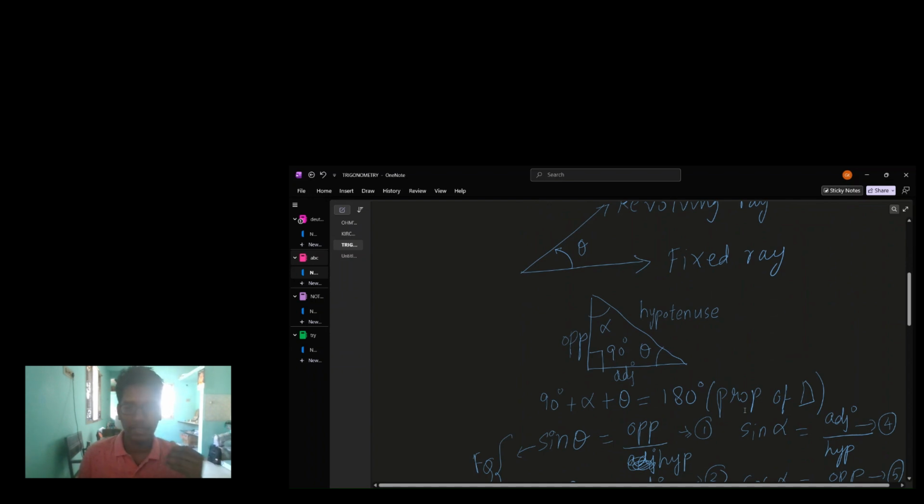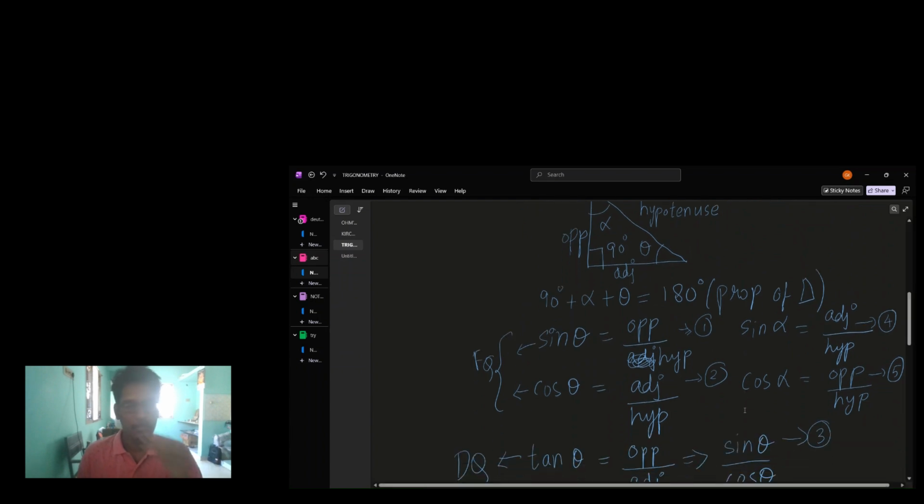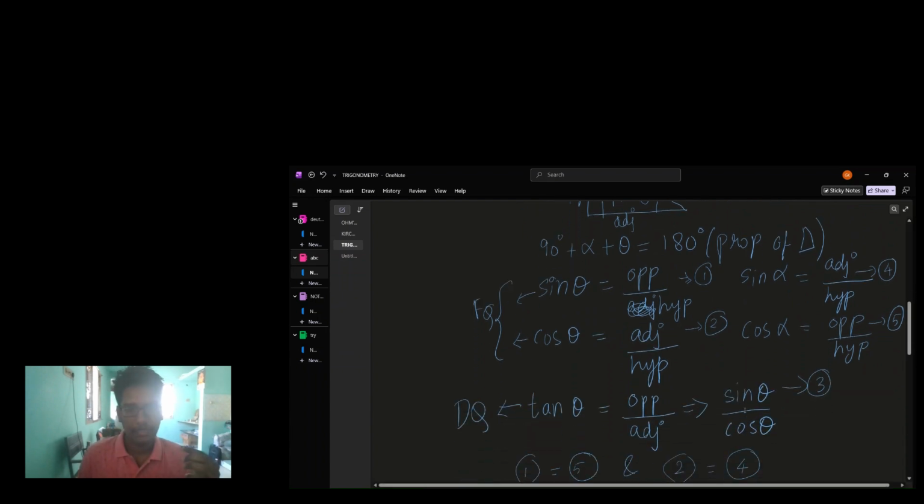In a right angle triangle, there exist three different sides: hypotenuse, opposite, and adjacent, and hypotenuse is the largest side. Sin theta is equal to opposite side divided by hypotenuse, and cos theta is equal to adjacent side by hypotenuse. And tan theta is derived as sin theta divided by cos theta.